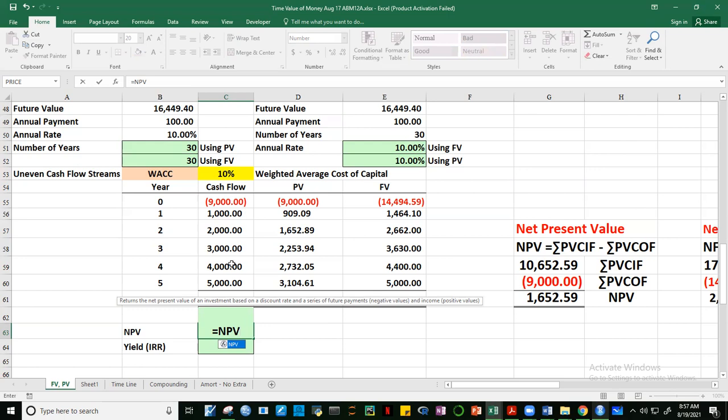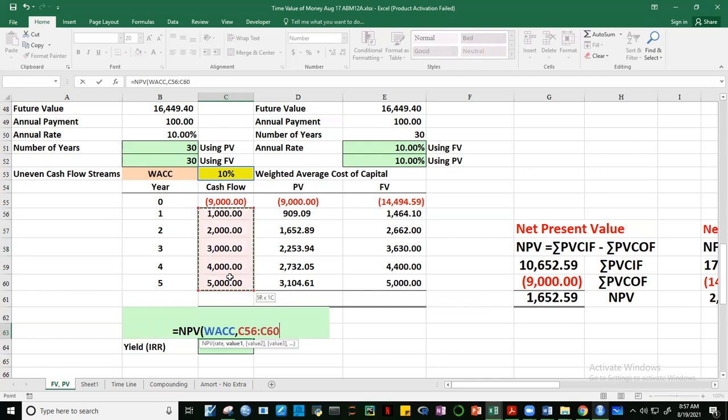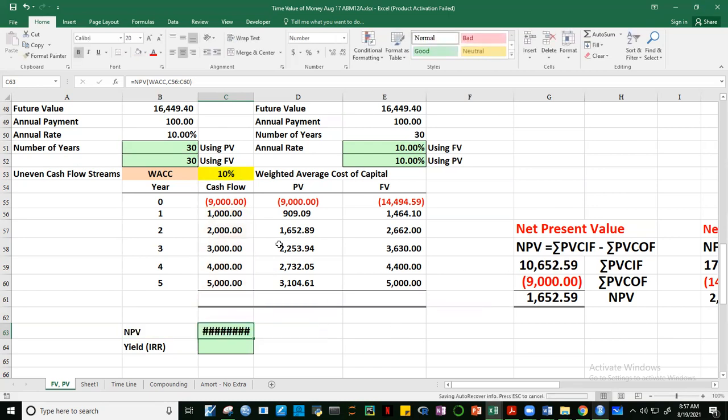Yung 1,000, 2, 3, 4, 5. So let's do that anyway. So okay, NPV daw, rate natin is the WACC, okay, comma. Values natin should only include from year 1 up to year 5. Yung future lang. Okay? So if we stop there, this will give us the present value of your cash inflows. Ito lang siya, which is 10,652. So dapat we get 10,652.